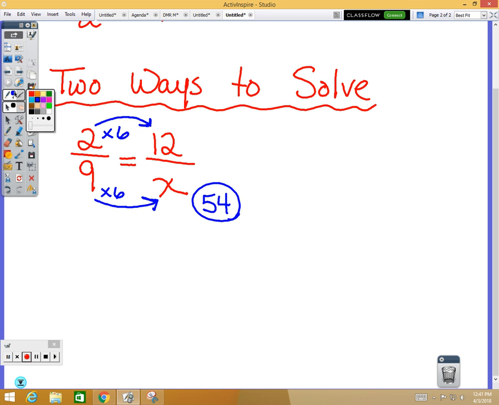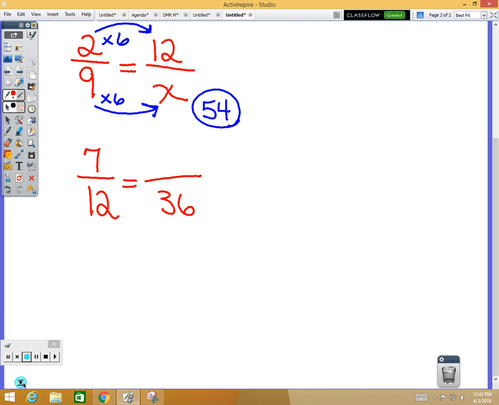So let's do a few more of these easier ones, okay? Let's say that we have 7/12, and I want to know what over 36 is equal to that. And again, I'm going to put an X here where that unknown number is.